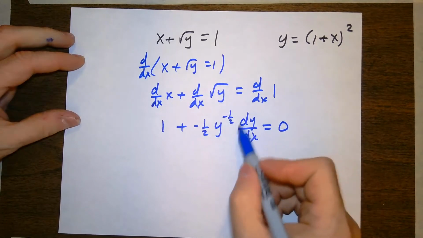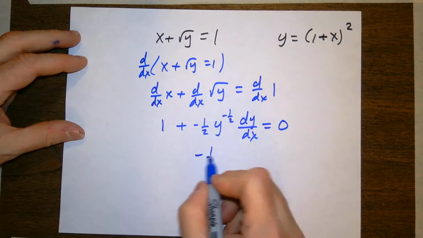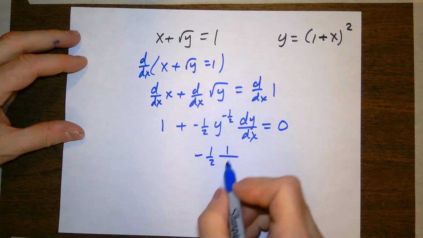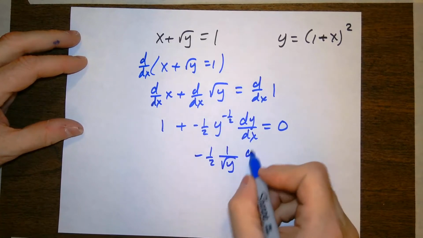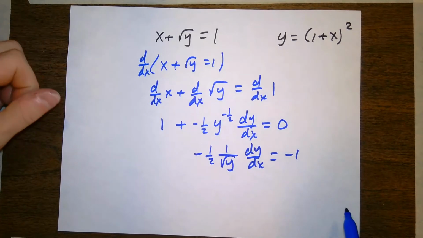So now I need to solve this for dy/dx. Subtract 1 from both sides: 1/2 times, and I'm going to write this as 1 over the square root of y, dy/dx equals negative 1.